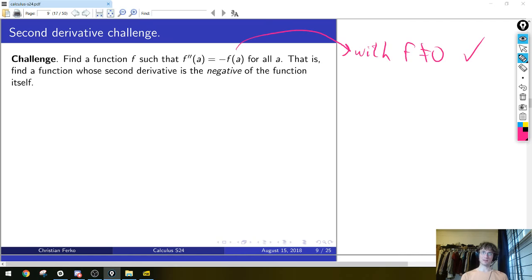So you found a function 0 which satisfies what I want it to, but I'm looking for a quote-unquote non-trivial example. So non-trivial meaning not just 0. Very good. Okay. So you've answered the question. I'm actually happy. But can you find a second example which is not constant?